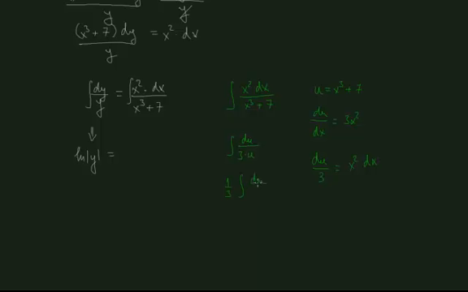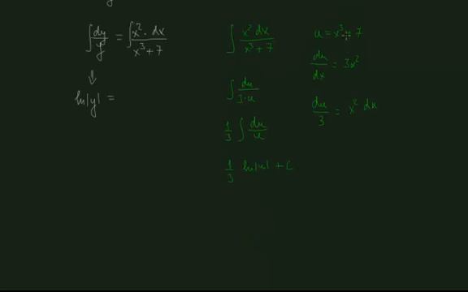So 1/3 integral du over u. The answer of du over u is the natural logarithm of u plus constant. And we know that u equals x cubed plus 7, so we have to substitute that back for u. So 1/3 natural logarithm of x cubed plus 7 plus constant.